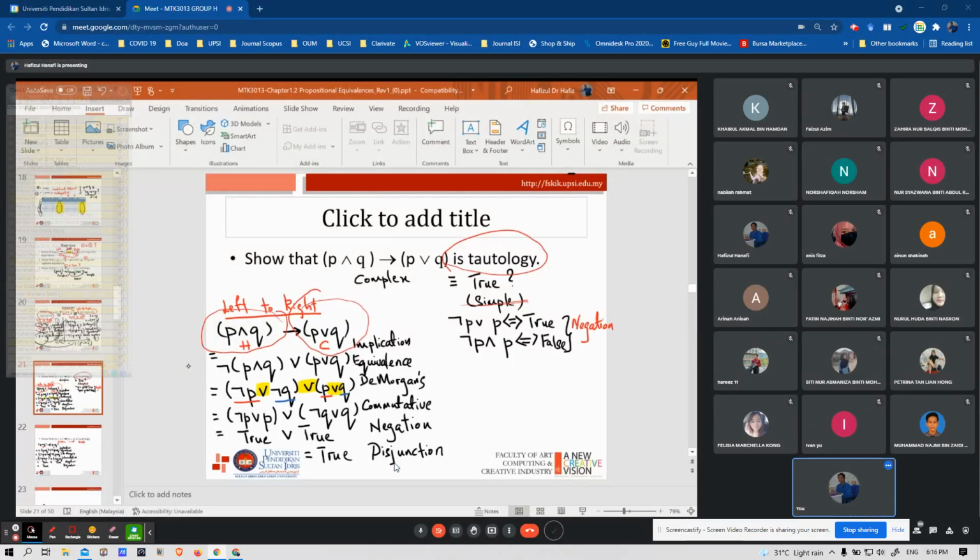You have to negate P and Q, or the disjunction P or Q. And then De Morgan's law: negate P or negate Q. This one is the same, P and Q. And then you have to do commutative: negate P or negate P, or negate Q or Q. And then for the true, because you have the negation, true versus true is true.